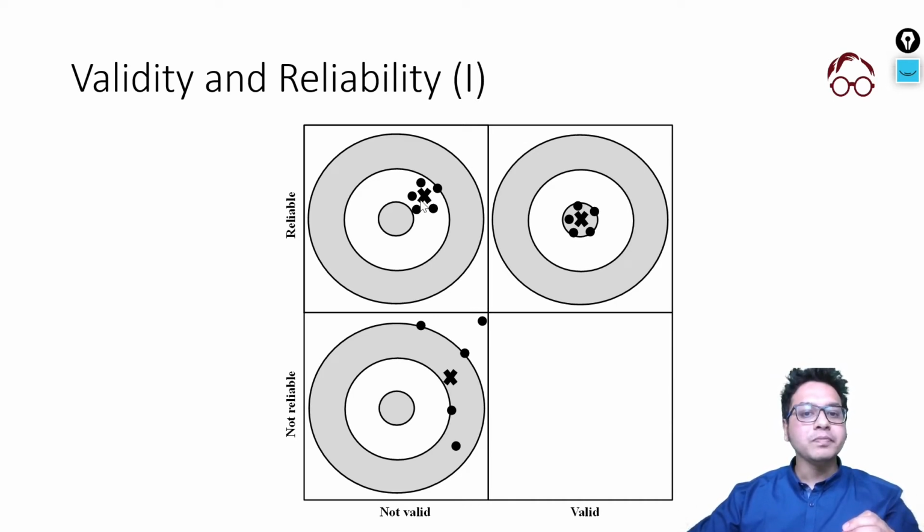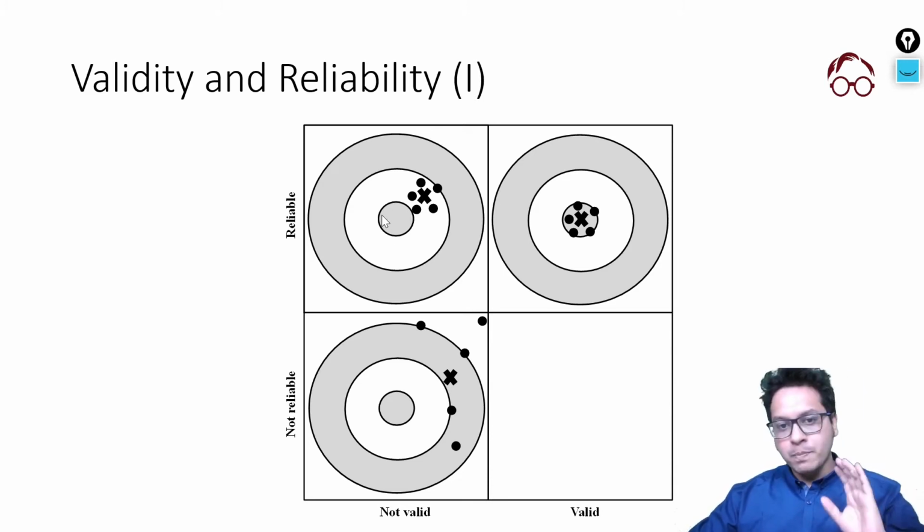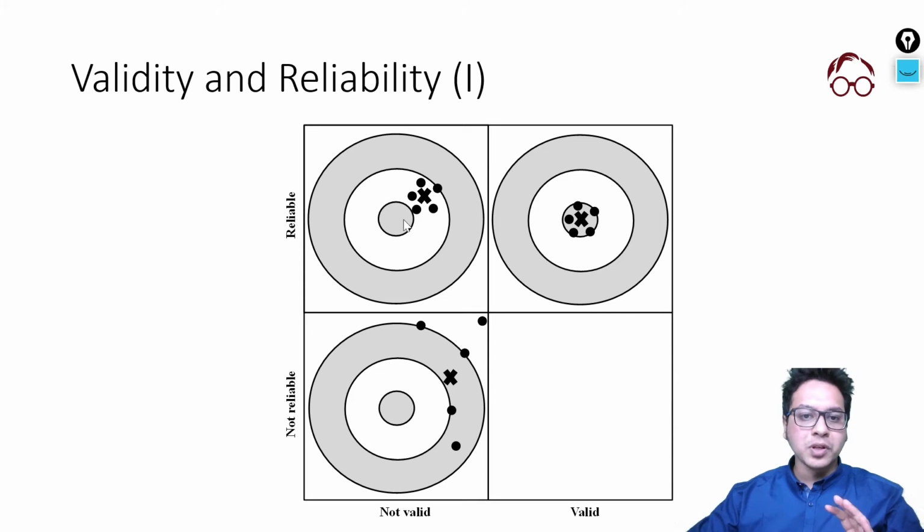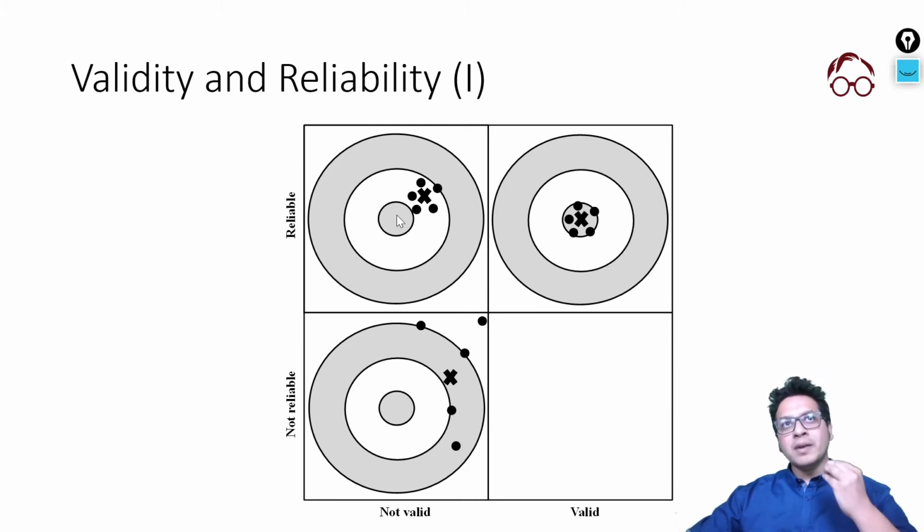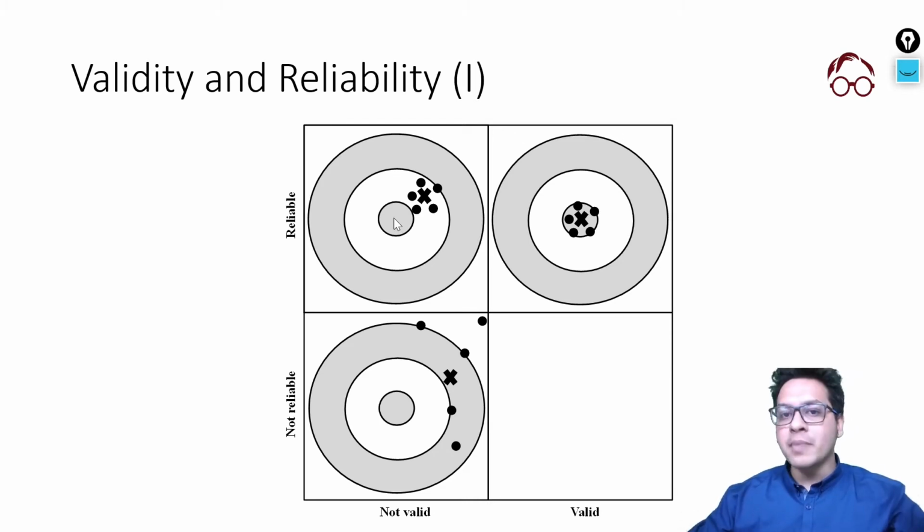We don't know the true score, but for presentation, let's assume it is the bullseye. When the average of the items that measure the latent variable is on the bullseye at the center, we say it is valid. So we are measuring what we are supposed to measure.